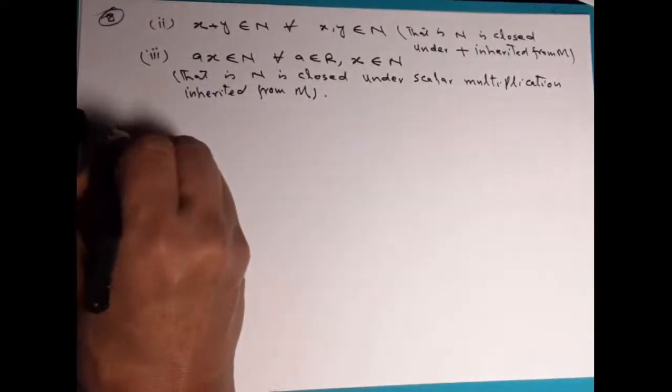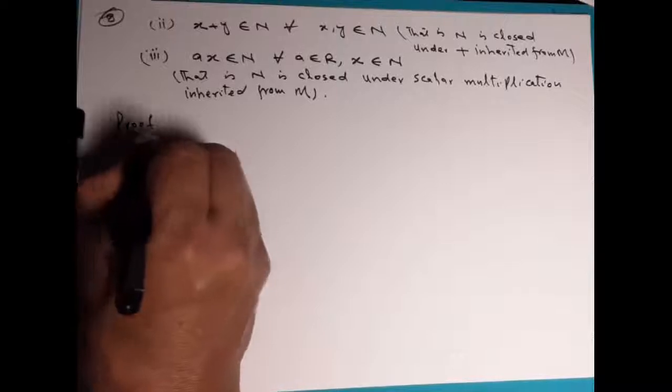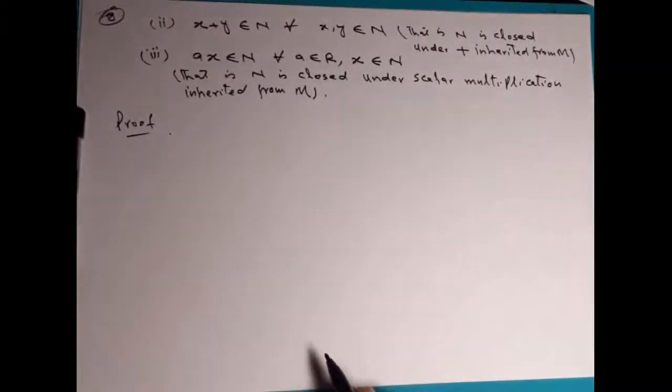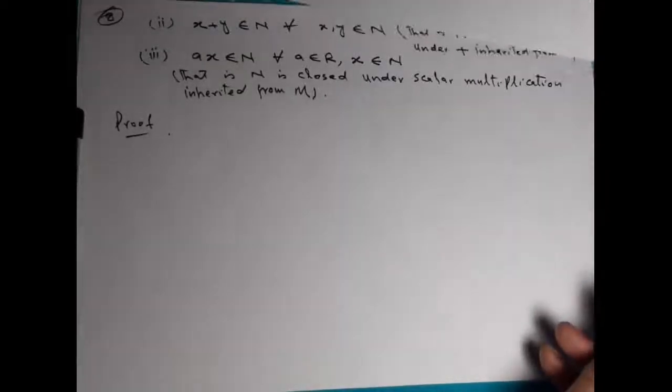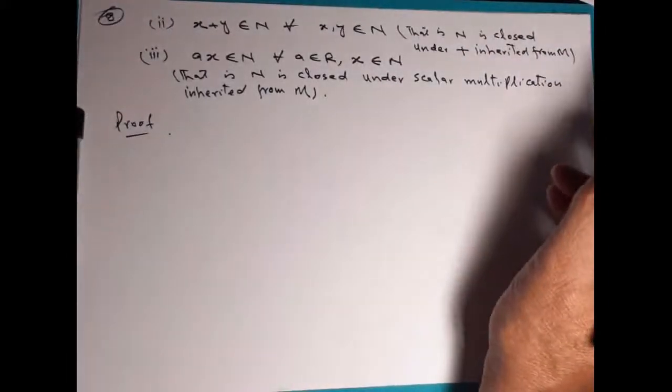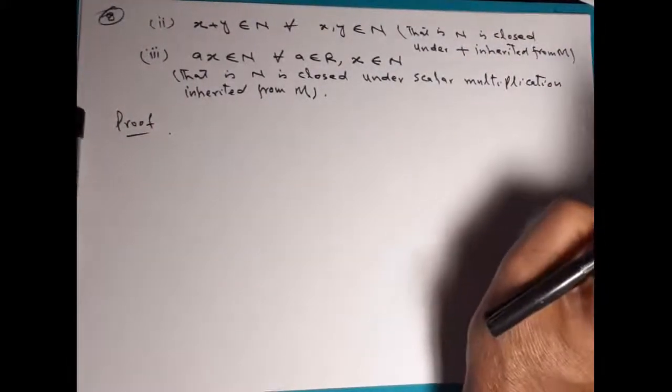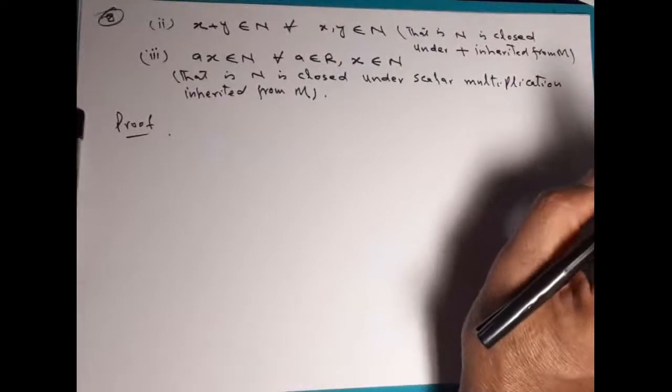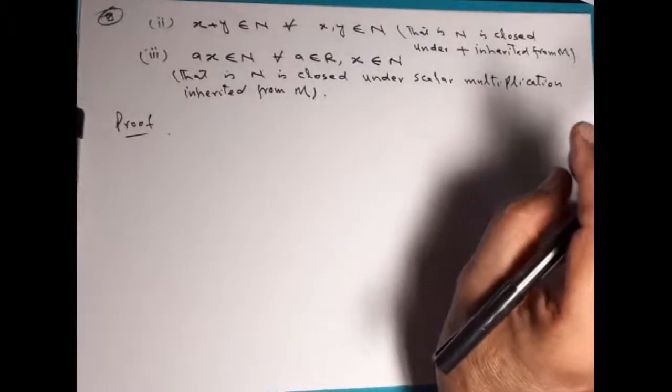So let's have the proof. First of all, we have to prove that N of M is a submodule of M if N is non-empty, N is closed under addition, and secondly N is closed under scalar multiplication.